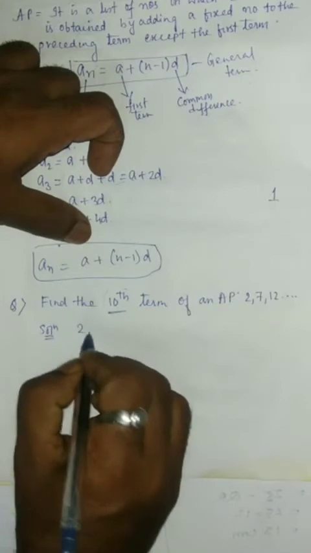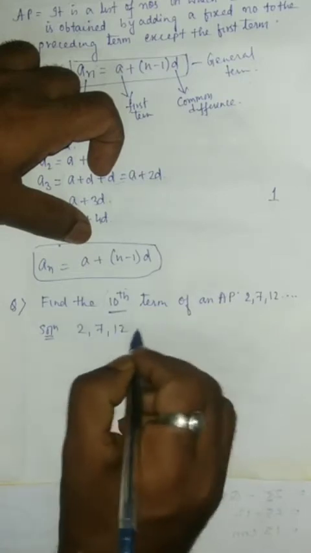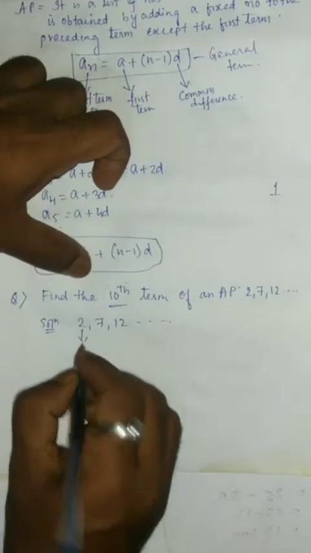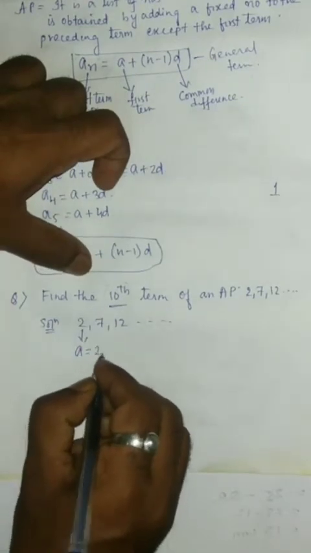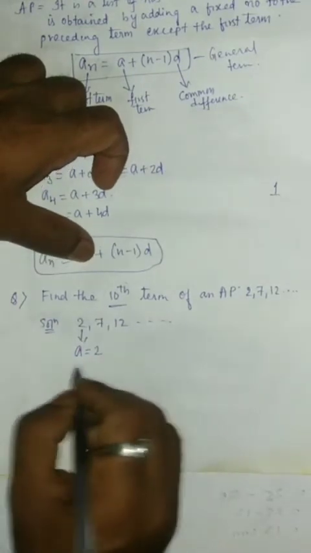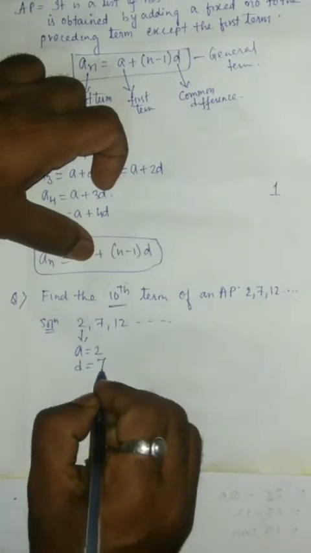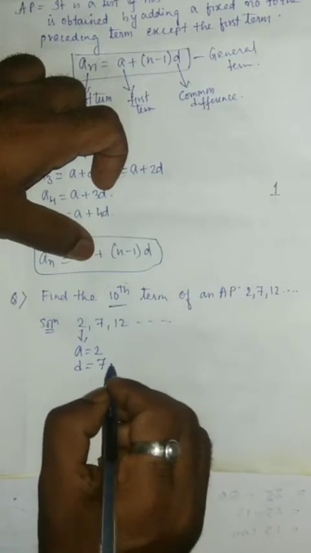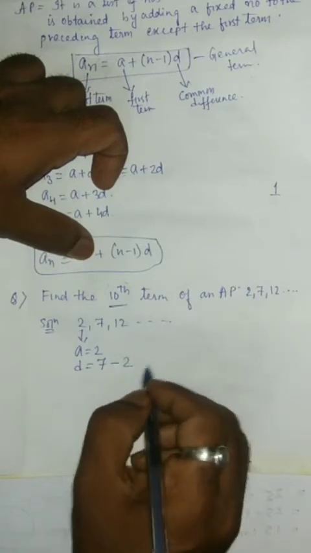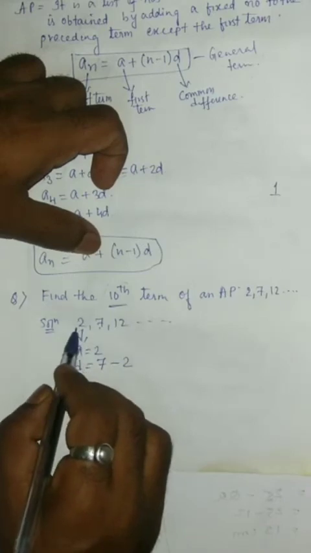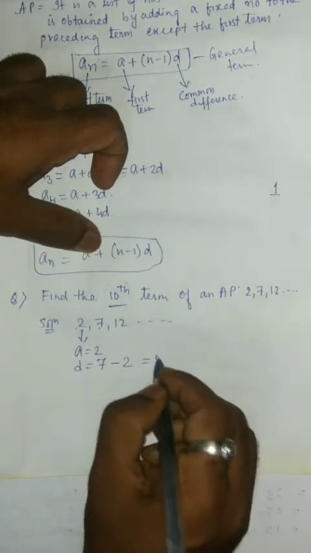What is our AP series? 2, 7, 12, dot dot. From here this is our first term, means a is equal to 2. Our common difference is second term minus first term. Second term is 7 and first term is 2, so we are getting 5.